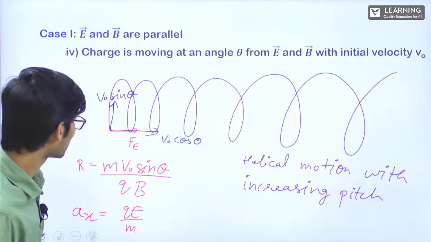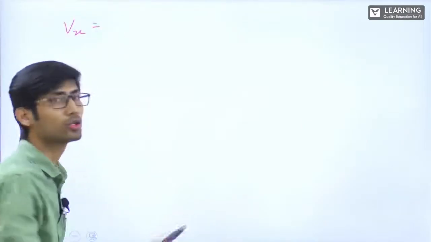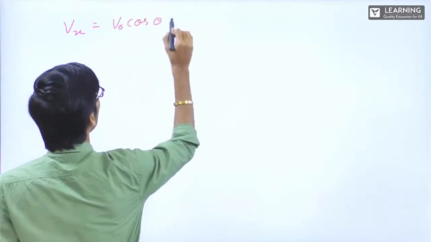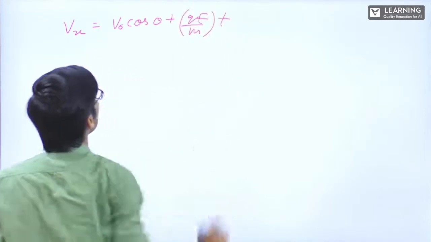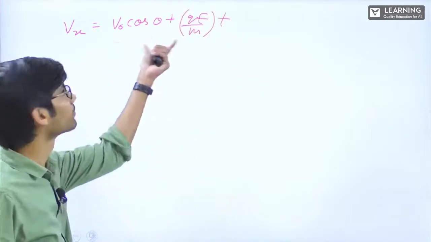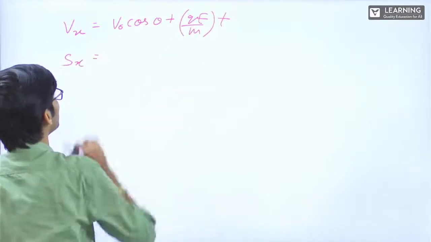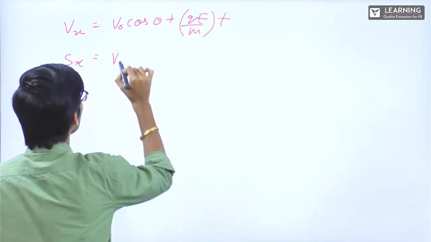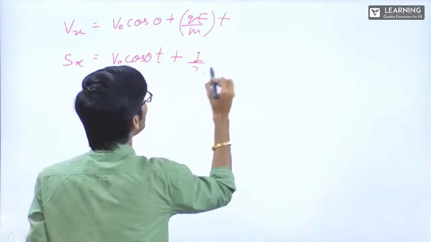So if I want to write, let's say, vx, final velocity in x direction, v is equal to u plus at. U plus at means v naught cos theta plus qE by m into t. If I want to write s in x direction, at some time t, how much distance the particle has covered in x, ut plus half at square.